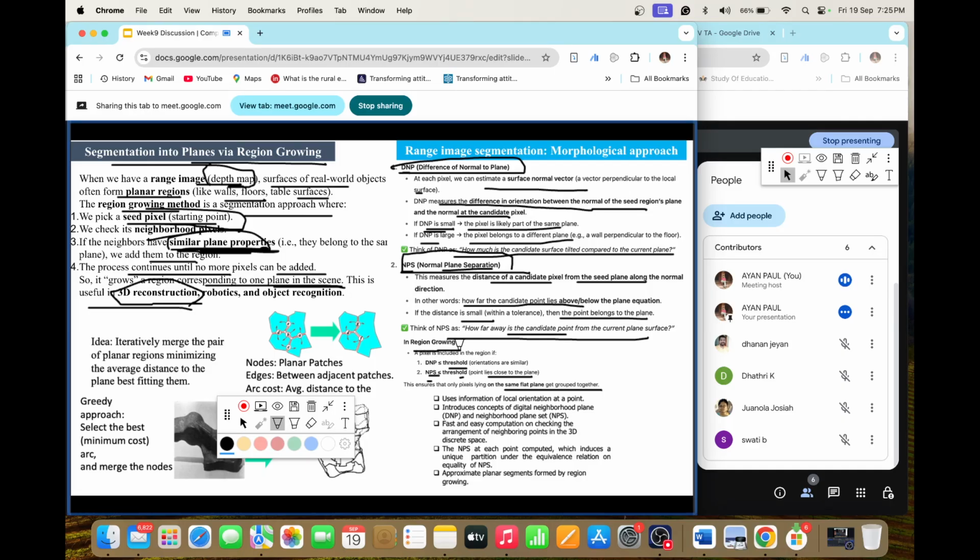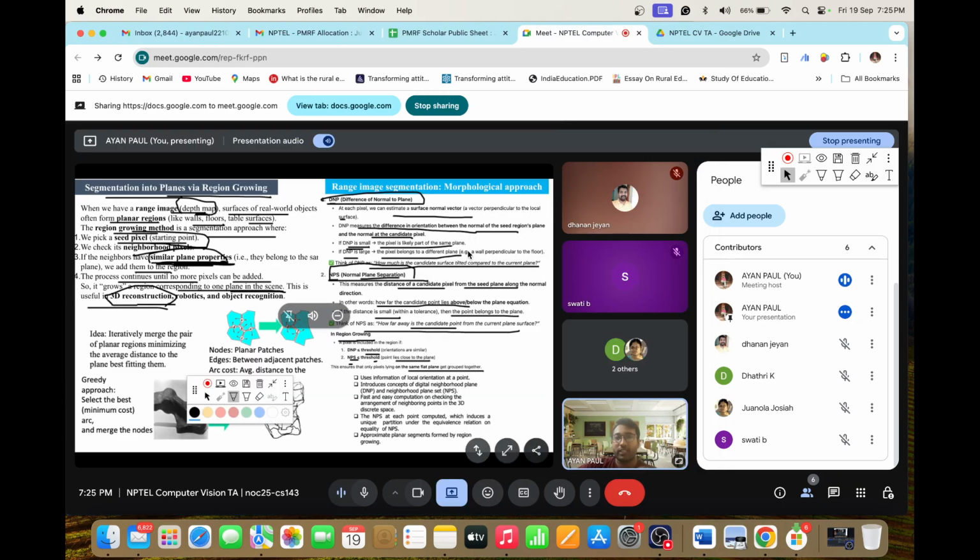Otherwise we will not use that candidate point. So this is the whole theory behind segmentation into plane via region growing. Is this clear to all of you?